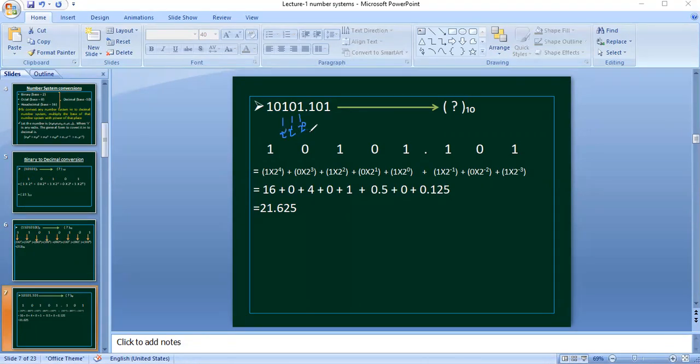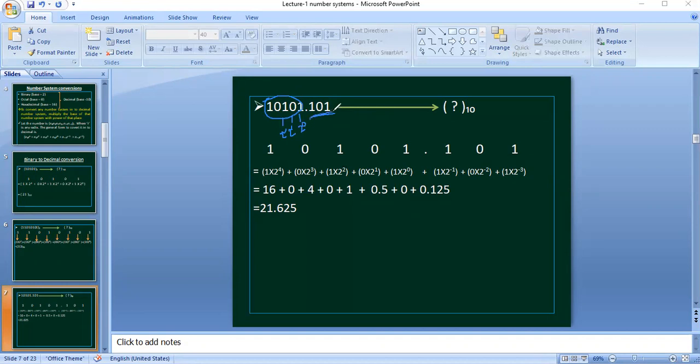Like that. Digits before the point means the integer part. For the integer part, you need to consider the positional weights from right to left with positive powers, which start from 0, 1, 2, 3, 4, like that.